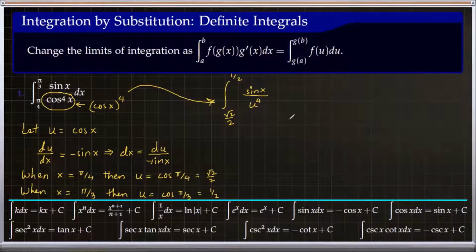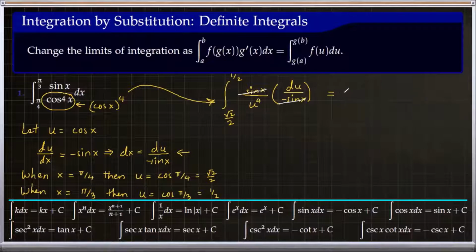And then dx is du over negative sine x, like we have here. So it looks like I can cancel out sine x from top and bottom. So sine x goes away, but we are left with that negative sign.